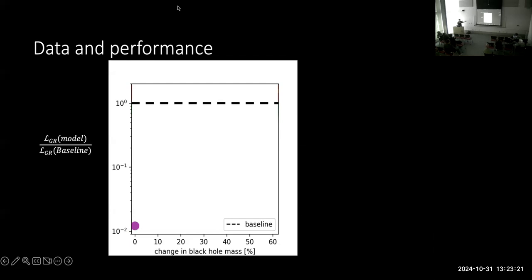So this is the performance of our model on the simulation per se. Here we're taking just a single simulation with one binary black hole. We take the data, we learn on that one specifically, and we see how well it performs, which 90% of the time is not what you're doing. So you actually try to, for example, change the mass of the black hole or other parameters. I just looked here at the change of the mass of the black hole and see how it performs.